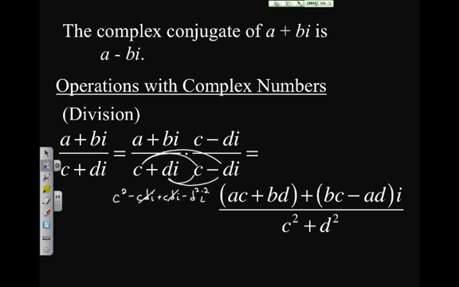The middle terms cancel out, and then here we have negative d squared times negative 1, and that makes this into plus d squared. So that's how you get that c squared plus d squared on the bottom. The middle terms cancel out, and the i squared makes that second piece positive. Again, this is not something you need to memorize. I would just work on FOILing it out and using the methods we already know of how to simplify when there's an i squared.